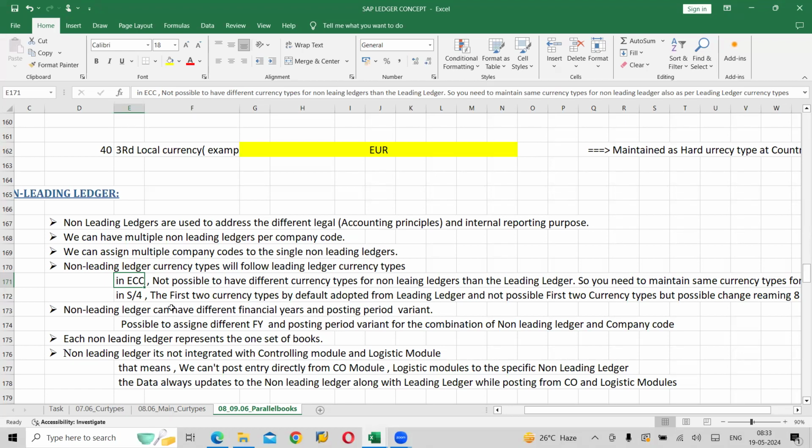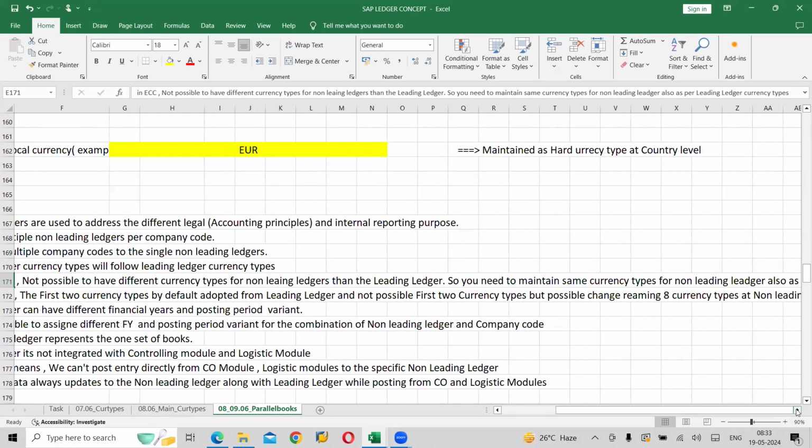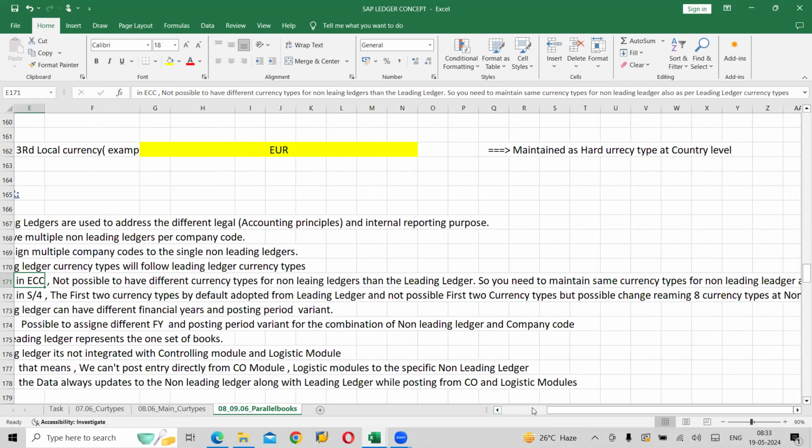Next one, in S/4HANA, this is a difference you can set. The first two currency types are by default adapted from the leading ledger. What are the two? Local currency and group currency, or local currency and your hard currency. So in S/4HANA, the first two currency types are by default adapted from the leading ledger. Understood? Any questions?